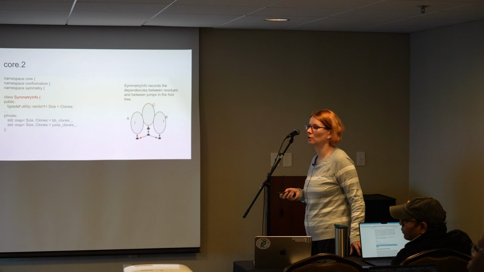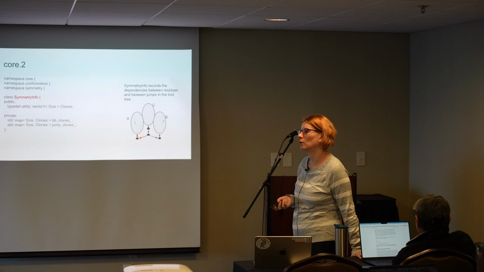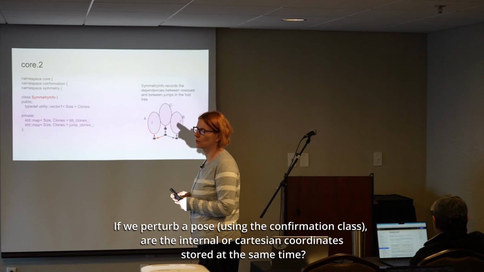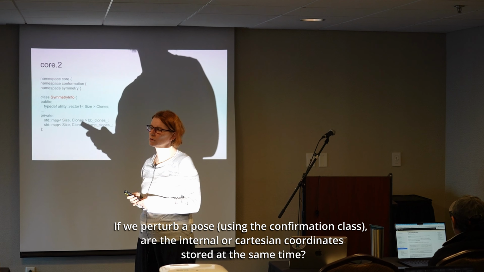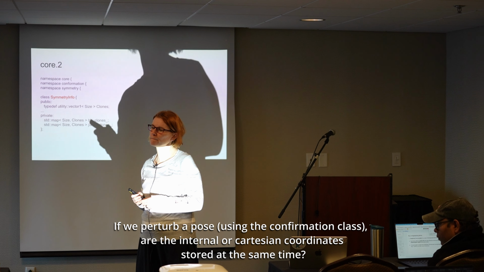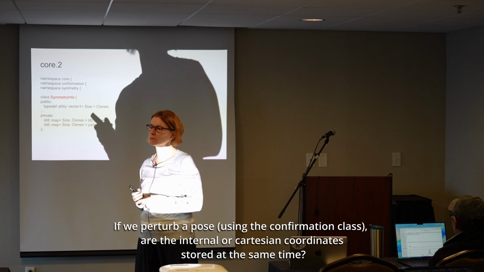Yes. In my understanding, Cartesian coordinates and internal coordinates are both saved in the object. So if we perturb using internal coordinates, does it update the XYZ coordinates automatically? I mean, the information is really stored in the pose, in its internal coordinate system.